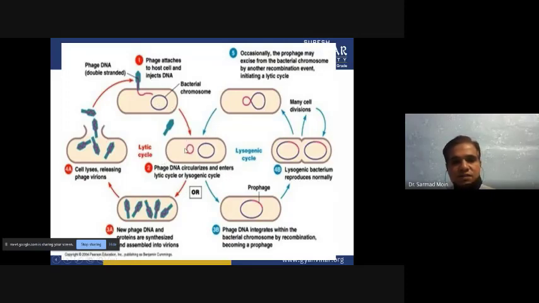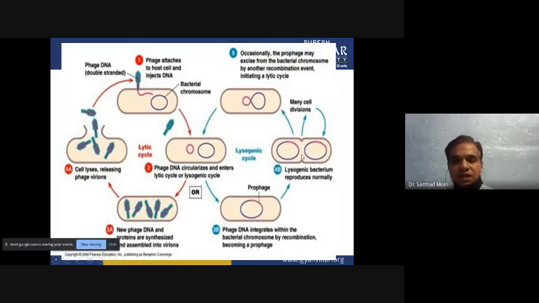After the infection, when the double-stranded circular DNA forms, it will not enter the lytic phase. Instead, it will attach to the main genome of the bacteria and multiply with the bacterial genome.